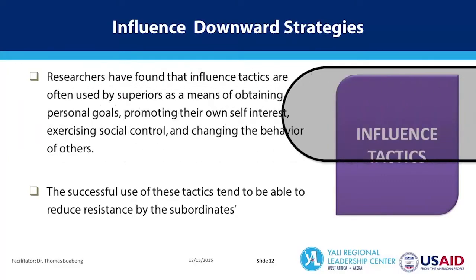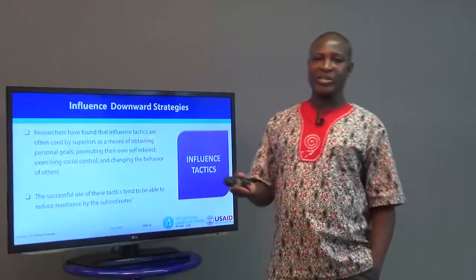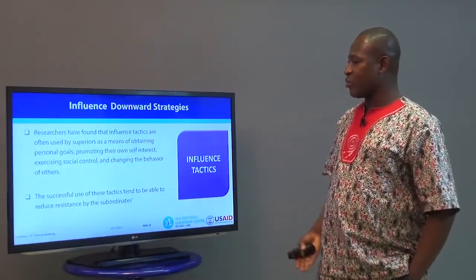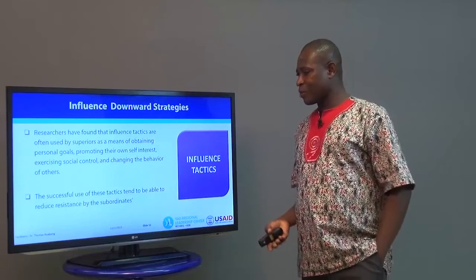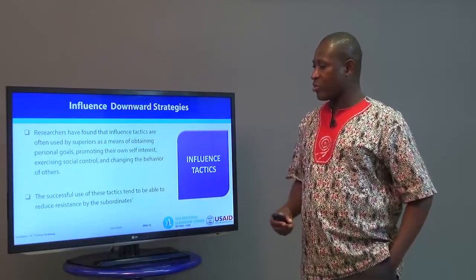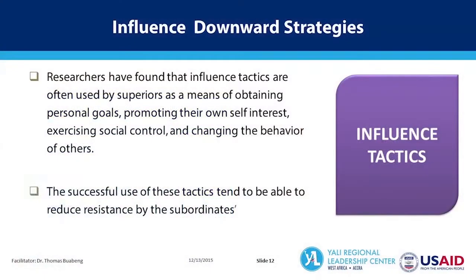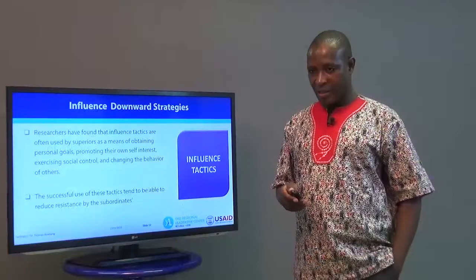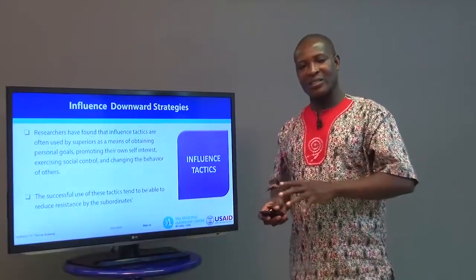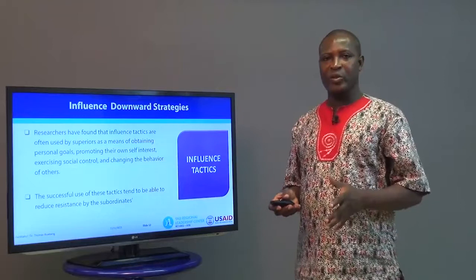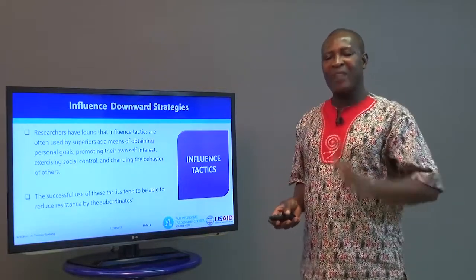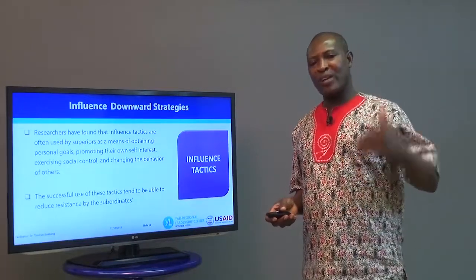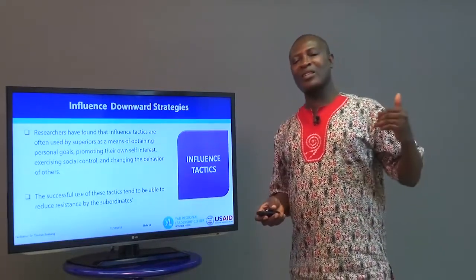At the family level, that is what our parents do to ensure social control, that you live according to the standards of society. But at the organizational level also, we do it. It's very important, social control. The successful use of these tactics tends to reduce resistance. In several instances, not the majority though, subordinates have resisted a particular strategy. And so the fact that we have so many strategies doesn't mean that we can use them anyhow.